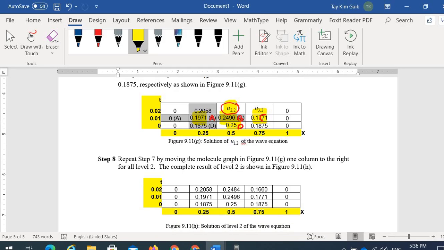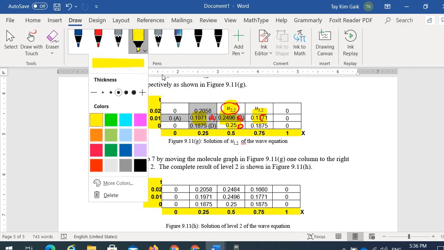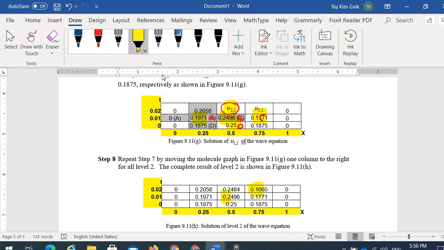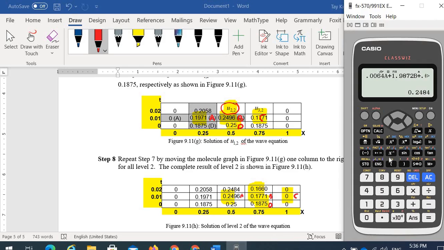You want to know how you get this one? A here, B here, C here, D here. So calculate again to get U32.